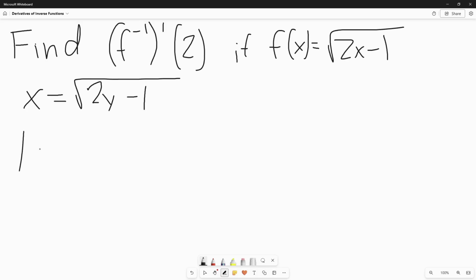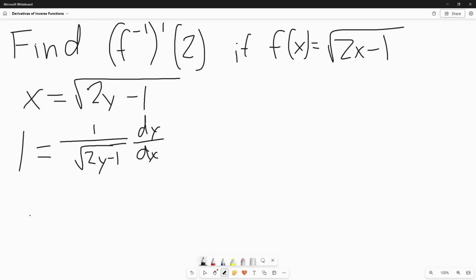So we get 1 equals 1 over 2 times square root of 2y minus 1 times 2. So we replace the 1 with a 2. And we notice that these 2 can cancel out. So it's just 1 over the square root of 2y minus 1 dy over dx.